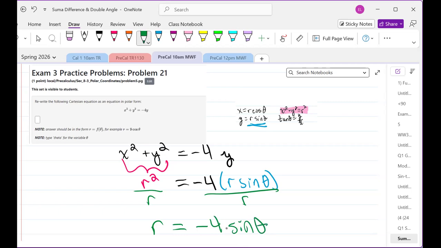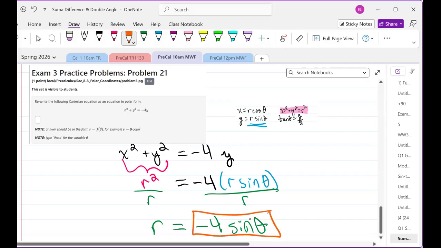So we have r equals negative 4 sine theta. That is what we would type in for web work. Oh, sorry, they actually want the r equals.